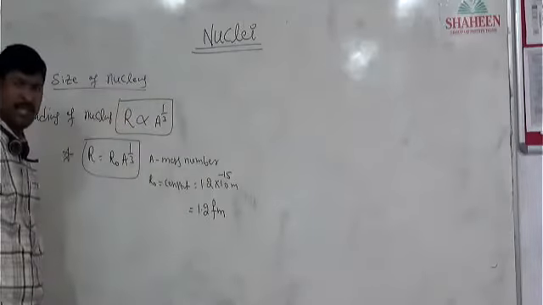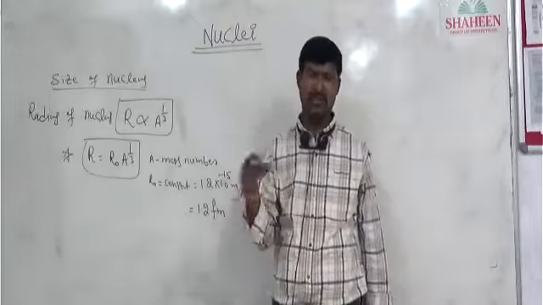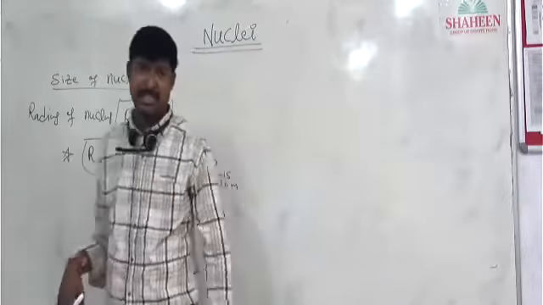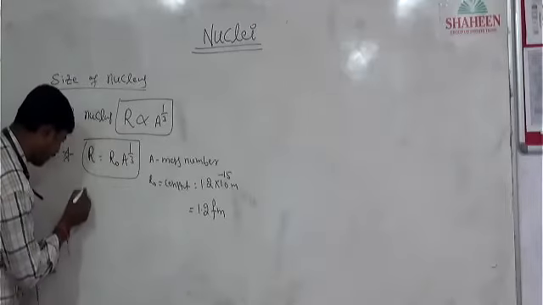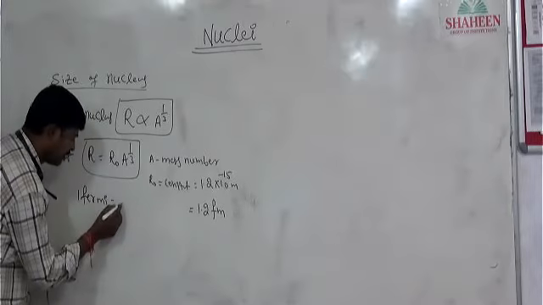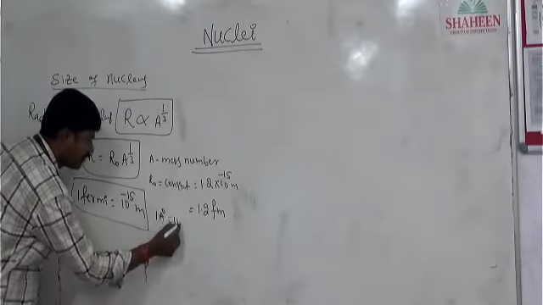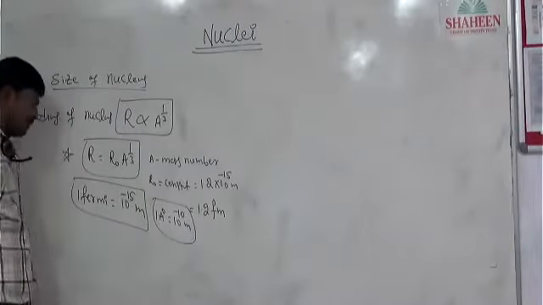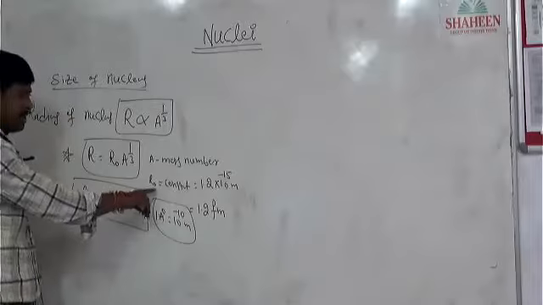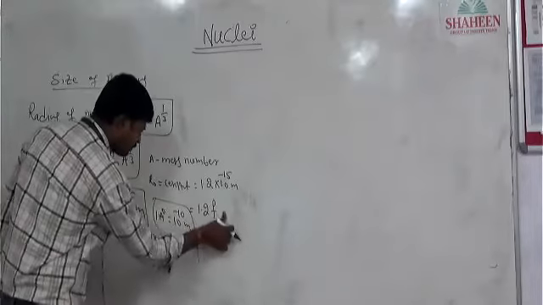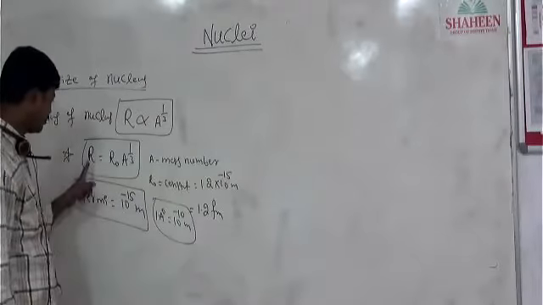Remember, nucleus size, whether volume or radius, is generally represented in Fermis only. 1 Fermi is 10 to the power minus 15 meter, while 1 angstrom, which we already know, is 10 to the power minus 10 meter. So R naught is a constant, 1.2 Fermi.